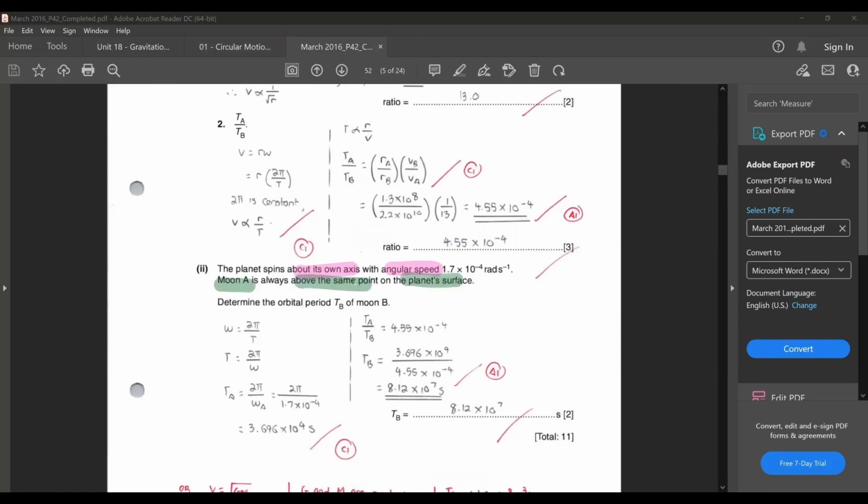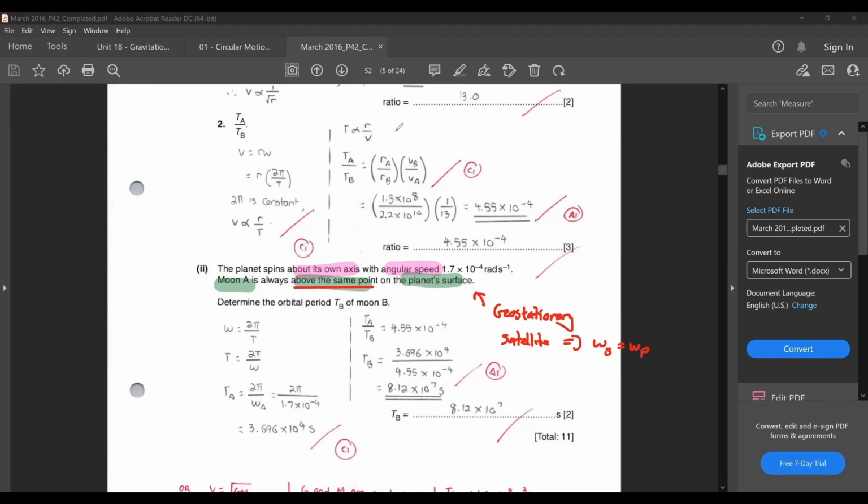So the moment you see that, this is really telling you that you have a geostationary satellite. Okay, which in turn will tell you that the omega, the angular speed of your satellite, must be the same as the angular speed of your planet.